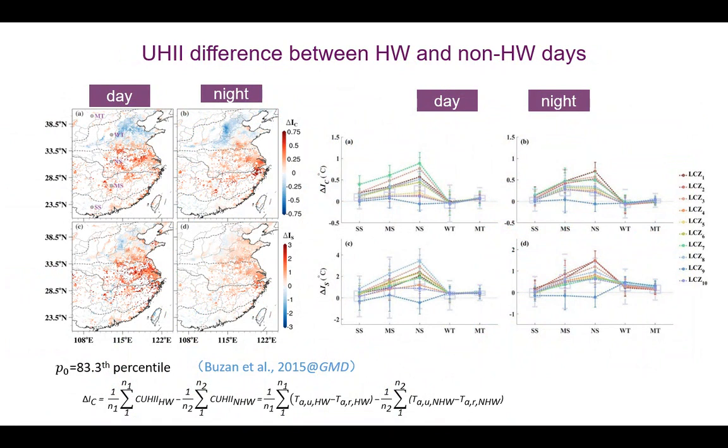We can also find that the most enhancement occurs in the non-subtropical area and in the daytime. For canopy urban heat island, it usually occurs over local climate zone 7, but at night it occurs over all local climate zones, including local climate zone 1.